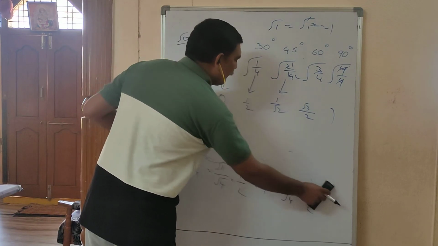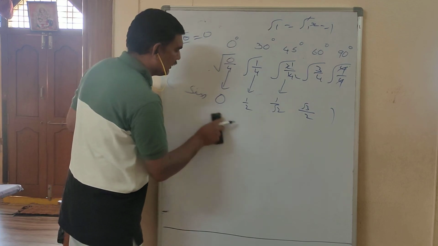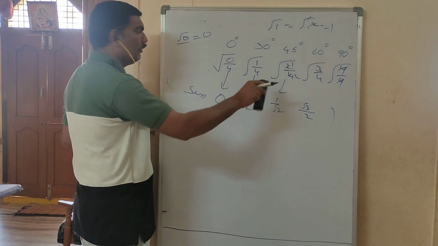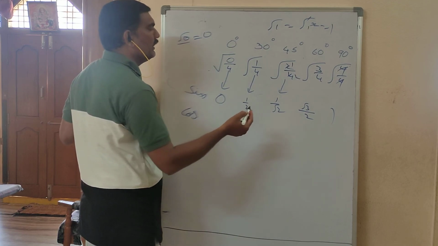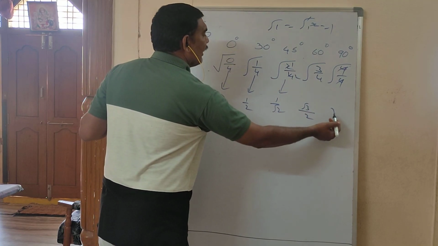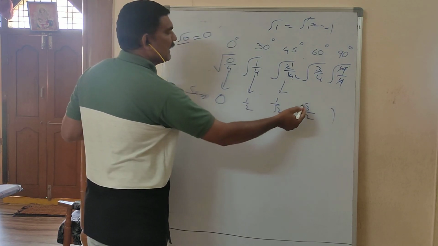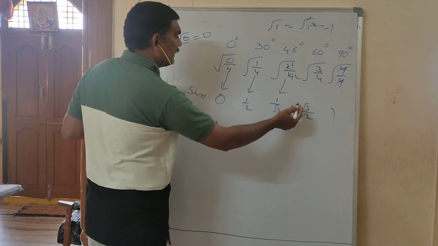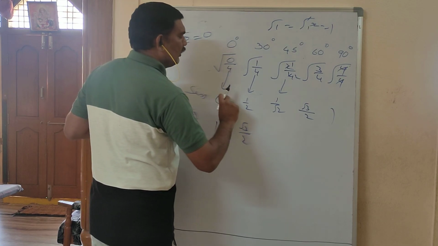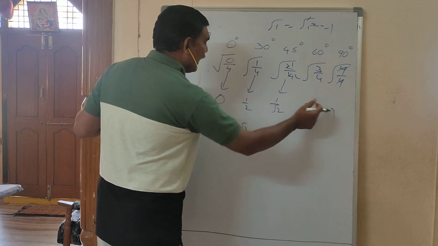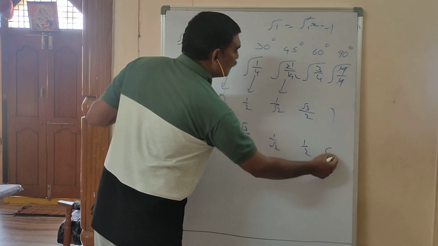If you know sine perfectly, we can write the values of cos. If you know the sine values, you can write the cos values. What you have to do is, keep this last one as first, the second to last as second, writing right to left here. 1 by root 2, and so on.